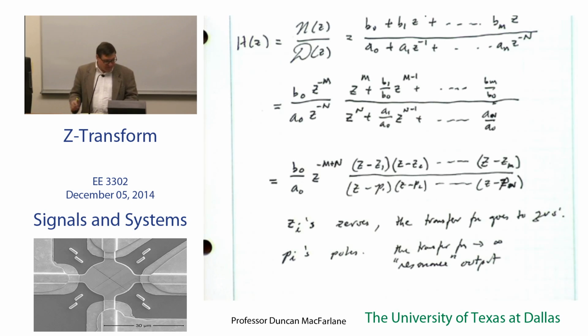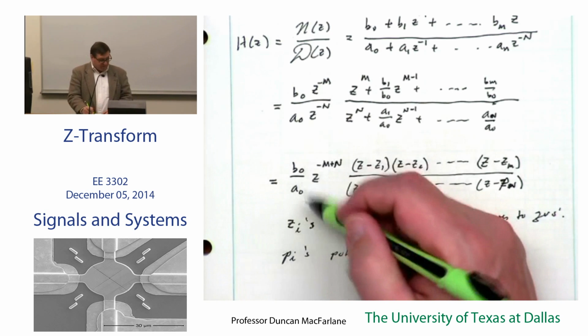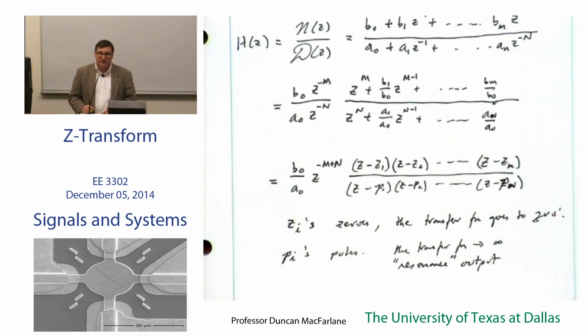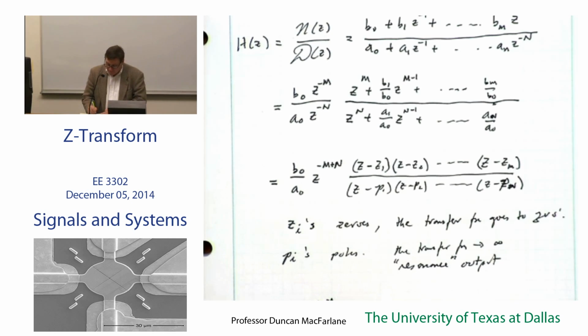And so there's a gain associated with the filter, that's this B naught over A naught. There's a set of zeros, and these are often called trivial zeros, and they represent the overall delay through the device.